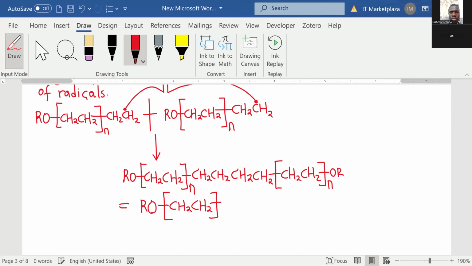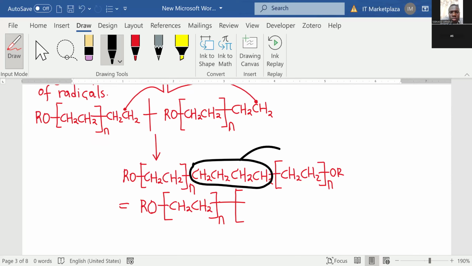So let me push. I want to push the CH2s inside. So here we have N, followed by, I want to push this thing in black inside of that chain.